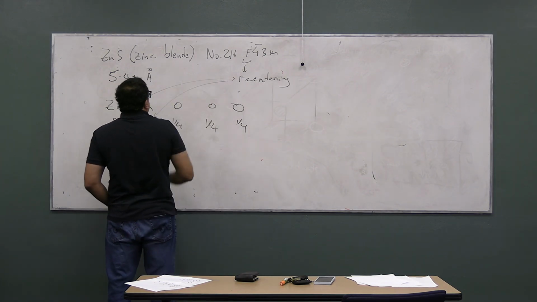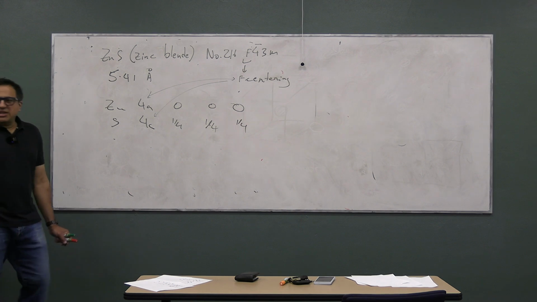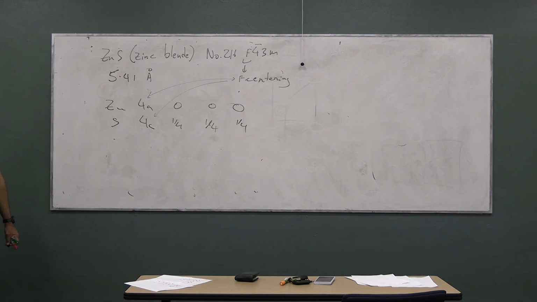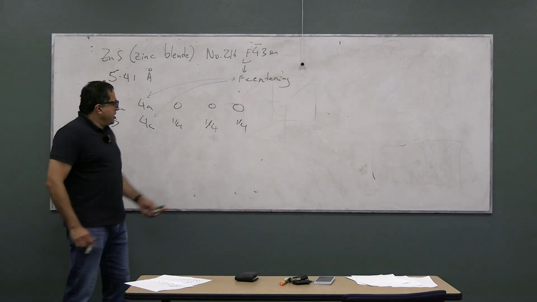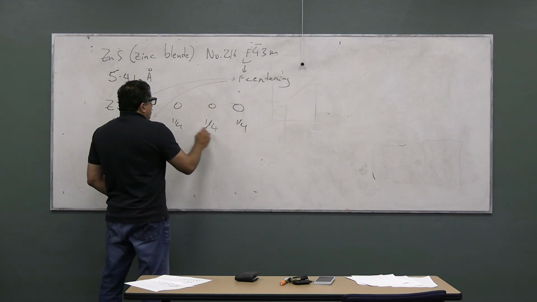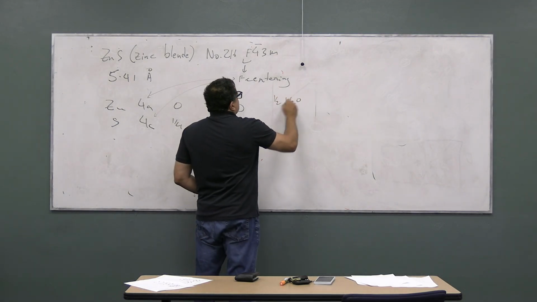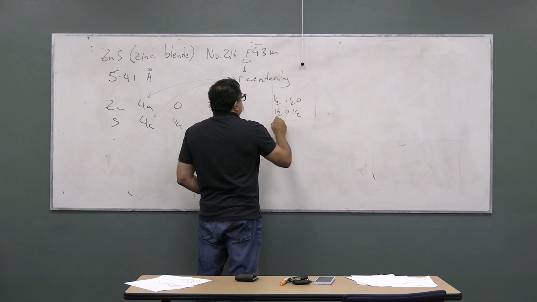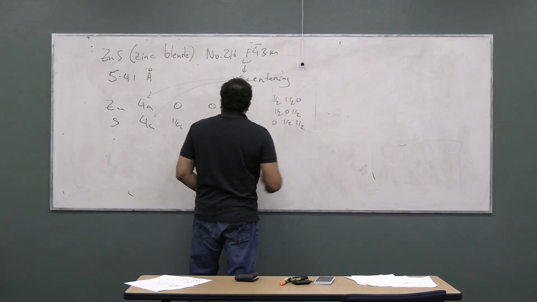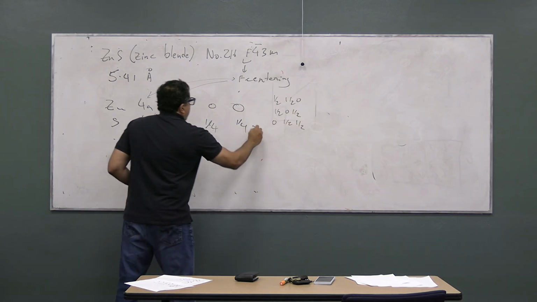There are four zincs and 4 sulfurs in the unit cell. Because of the F centering, 0, 0, 0 becomes half, half, 0, half, 0, half, 0, half, half. And you have to do the same addition here. So let's actually do that. So I'm going to add half, half, 0, half, 0, half, 0, half, half to this.